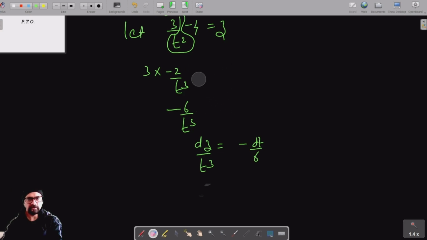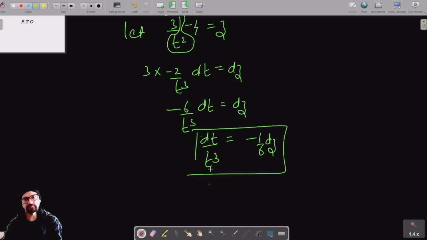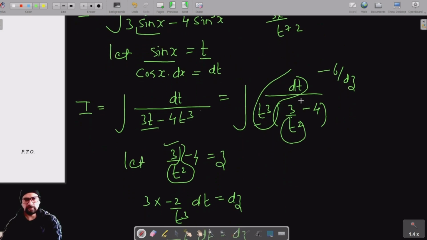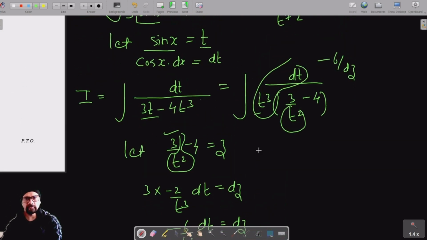So dt upon t cube is equal to minus 1 by 6 dz.